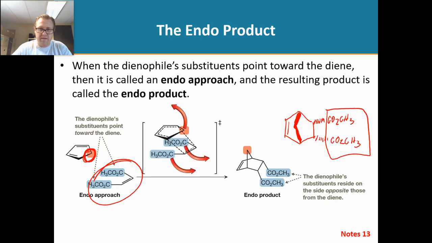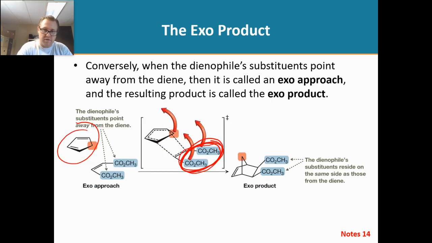Let's compare that. See how they're under the ring and not under the ring. Okay. And then when these bonds rehybridize to sp3, you can see that this group right there, the inside group, and the electron withdrawing groups from the dienophile are on the same side.